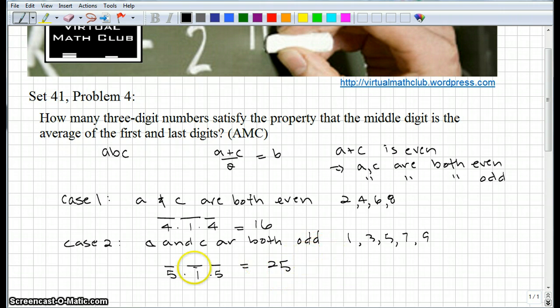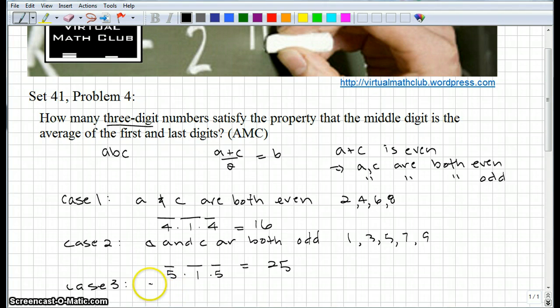Now we can't forget about 0. We could have dealt with 0 up here in this case, but 0 is not technically even, so I'm going to deal with that case separately. Also because it says it has to be a 3-digit number, and a 3-digit number isn't going to start with 0.